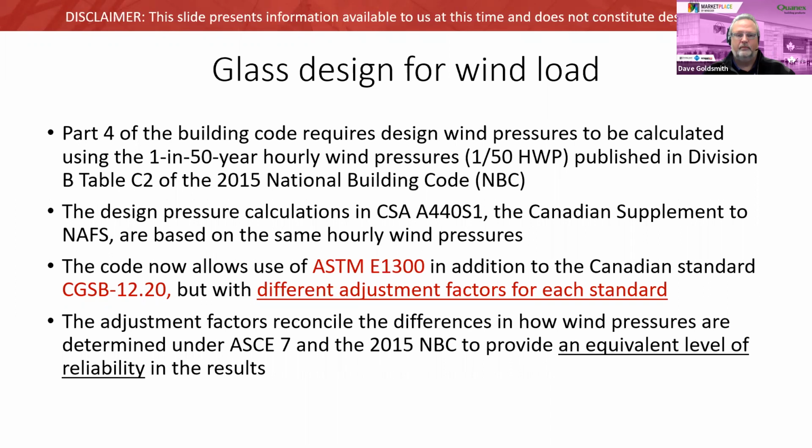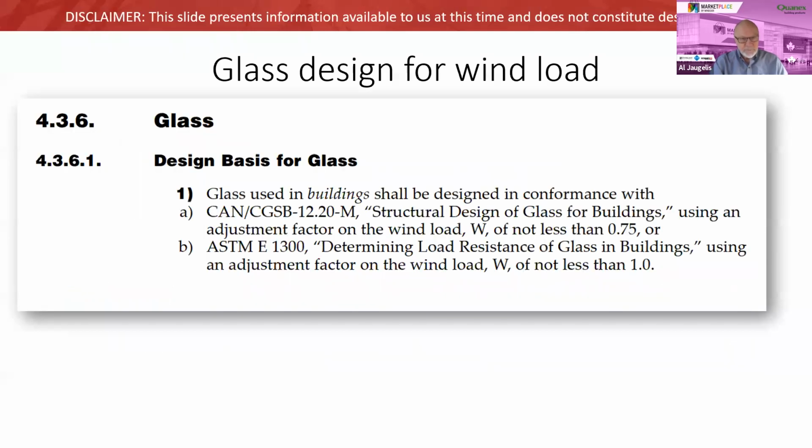It's a different basis for design than what we have in the 2015 National Building Code. So the adjustment factors are there to ensure that calculations using either pathway provide an equivalent level of reliability in the results. What that means is you might not get the exact same glass makeup using either path, but they're going to be close enough as to be qualifying as code compliant.